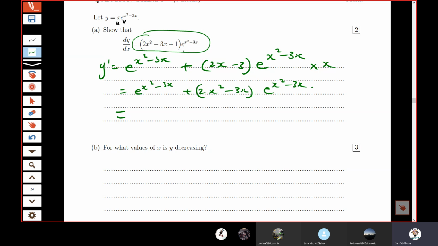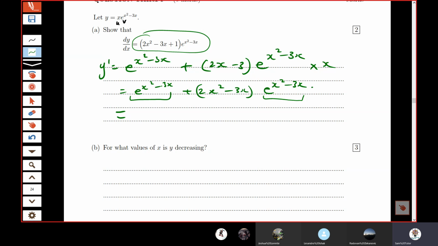Look. 2x squared minus... They multiply that and then factorize. Factorize, yeah. They didn't need to multiply. If you're just factorizing this guy out, just factorize this, what are you going to have here? Plus 1. So it'll be 1 plus 2x squared minus 3x.